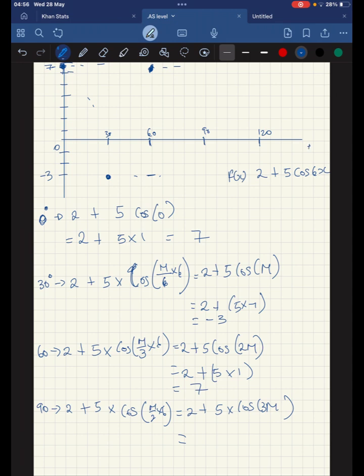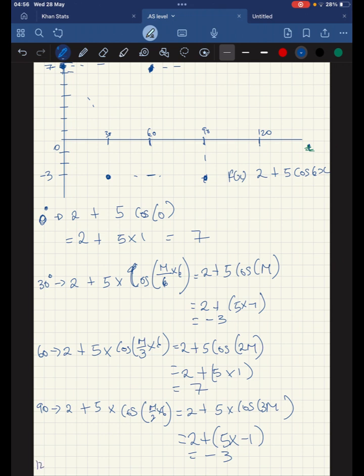Remember, 2 pi is 360. So we've gone to 360, then we go back again, and then another pi, that's 180. And remember 180 is minus 1, right? So that's going to be 2 plus 5 times minus 1, which is equal to minus 3. So 90 is also equal to minus 3. Let me make sure we're there.